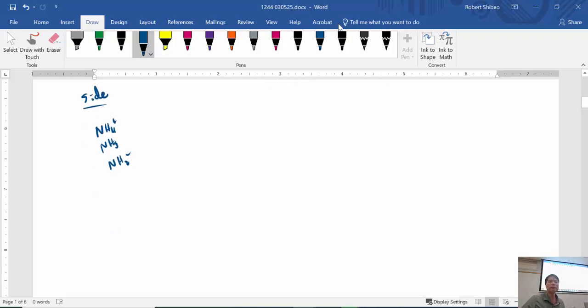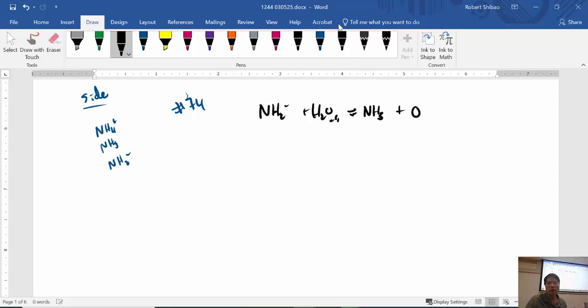And so let's set up the calculation here. So this is number 74, I think? Yeah. And so the reaction is between amide and water. And this produces ammonia and hydroxide.